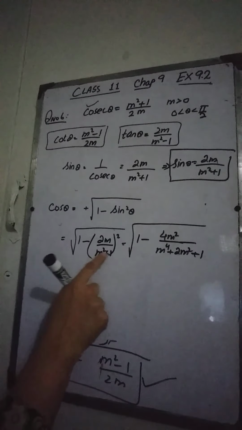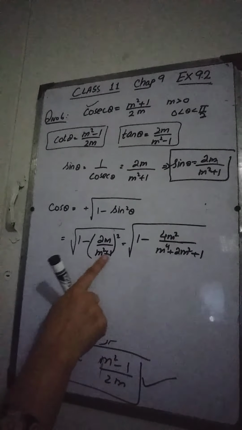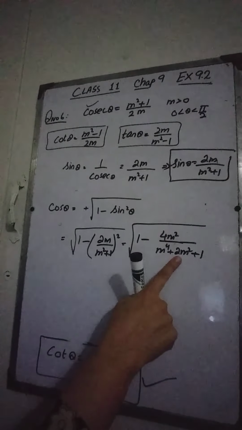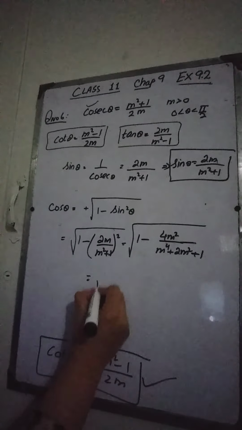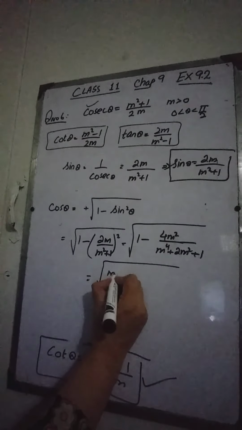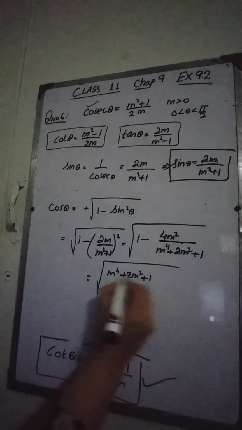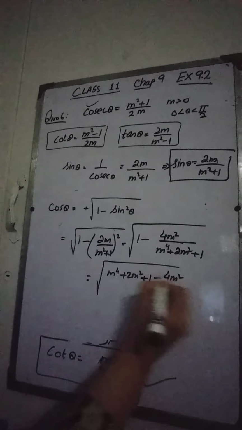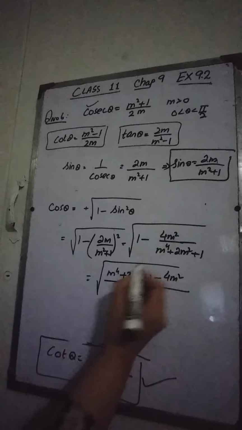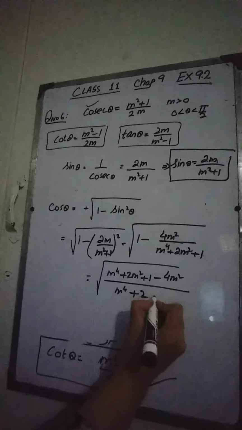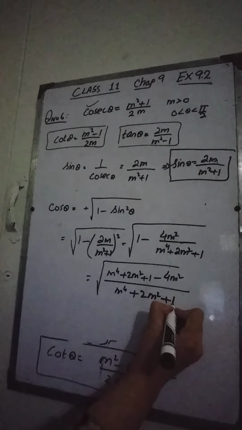Now taking the LCM, m raised to power 4 plus 2m square plus 1 minus 4m square over m raised to power 4 plus 2m square plus 1.